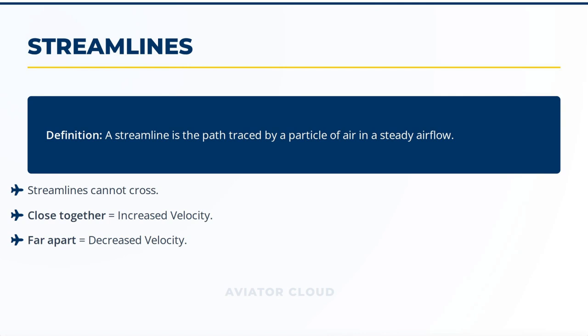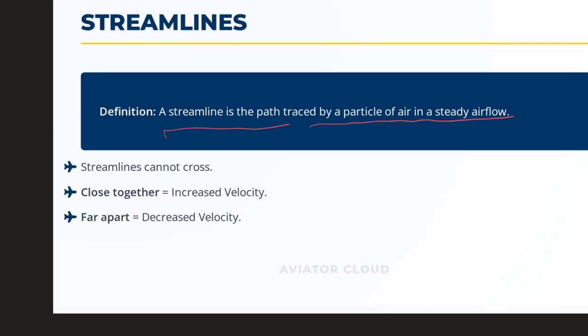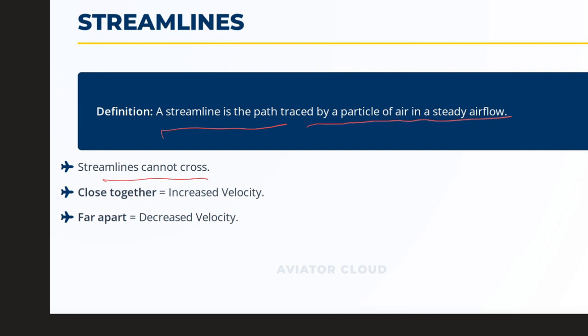Now, I already discussed what a streamline is. A streamline is the path traced by a particle of air in a steady airflow. Streamlines cannot cross. Close together means increased velocity, far apart means decreased velocity. So I told you streamline flow is like this.